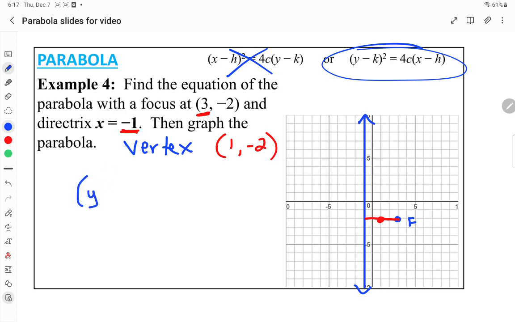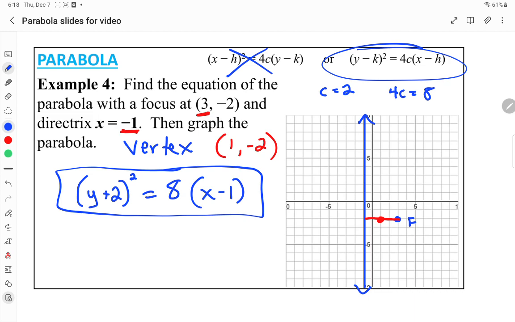My y is my squared term, so it's going to be (y plus 2) squared equals 4c. I'll leave blank for now again. Now to find c, I have to figure out how far my vertex is from the focus. And I can simply count that as 2. So great. So that means c equals 2 and 4c equals 8. And 8 is the number that goes there.